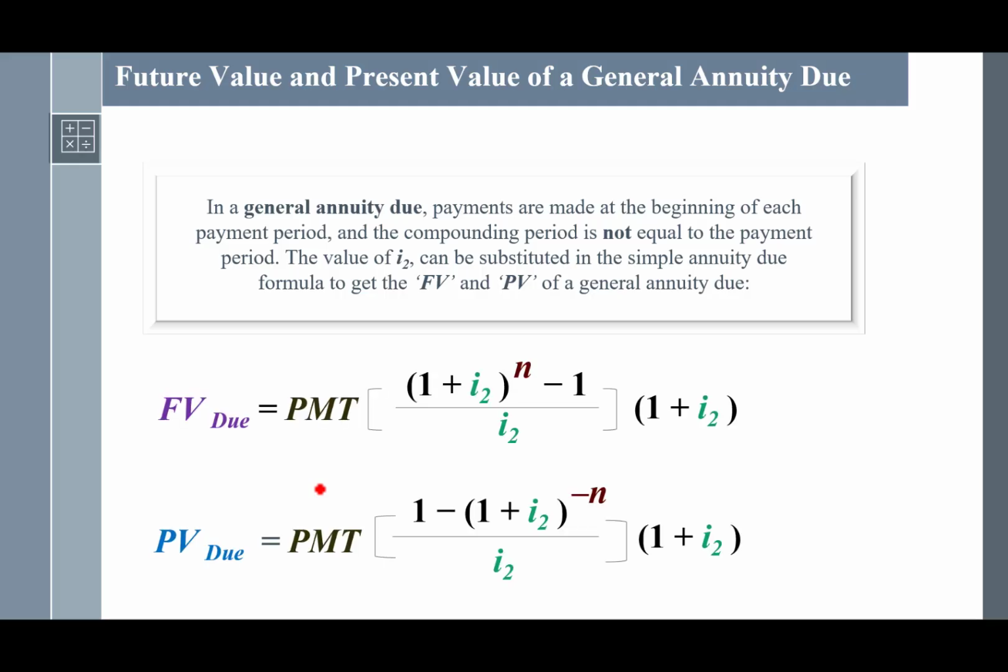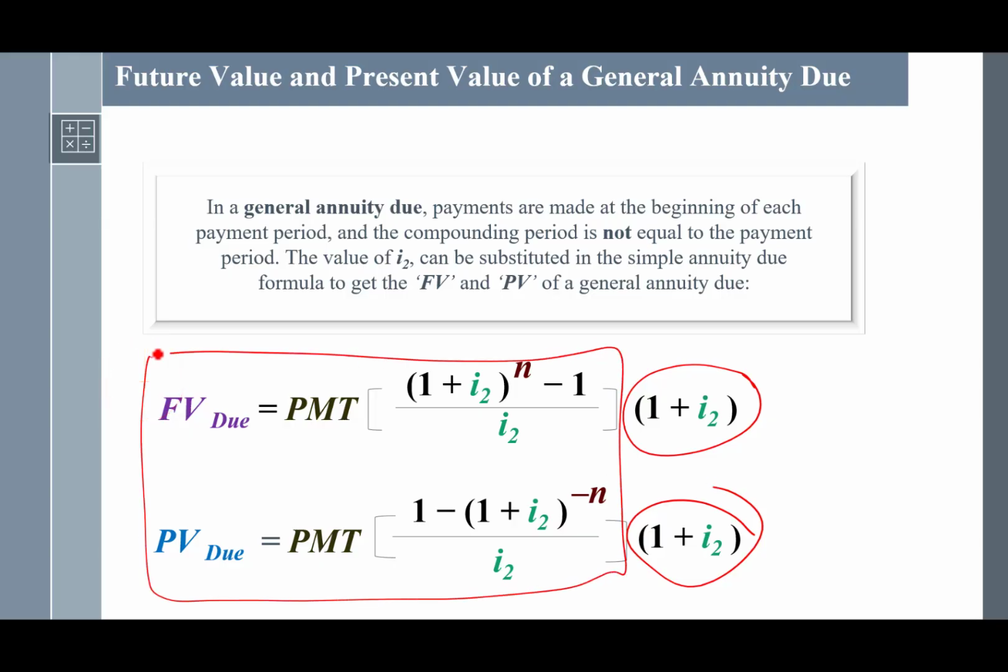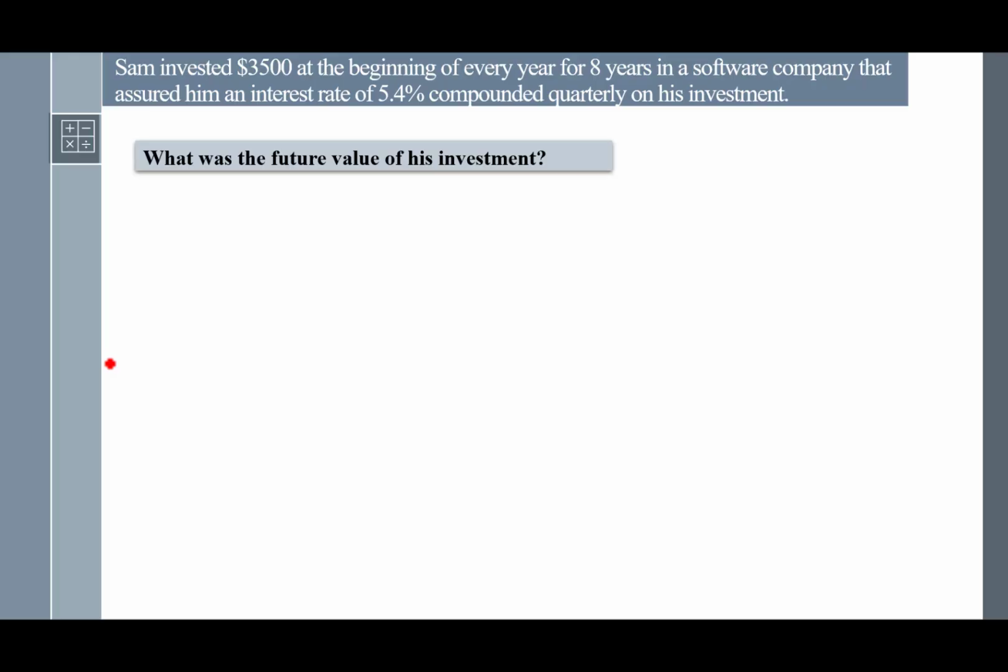Same idea with the future and present value. Because it's at the beginning, we have the extra factor here for the interest rate. So this is similar. It's kind of a combination between ordinary and annuity due. We have I2 and we have the extra factor.